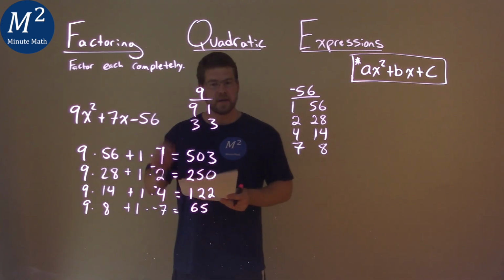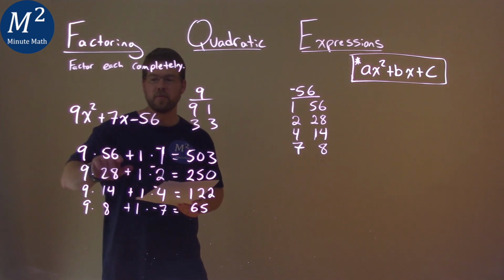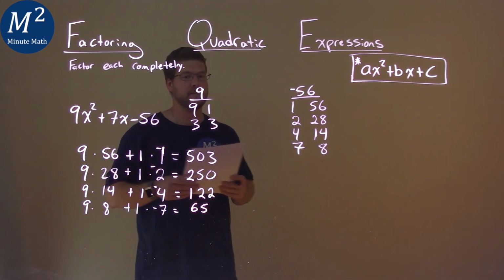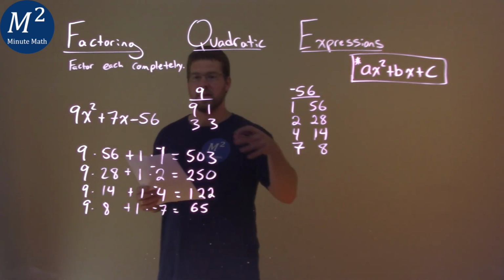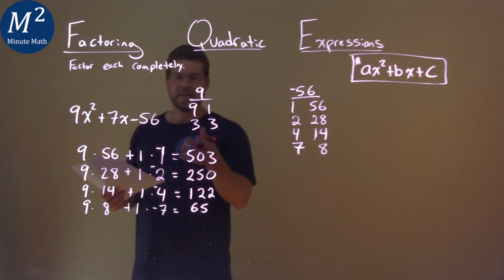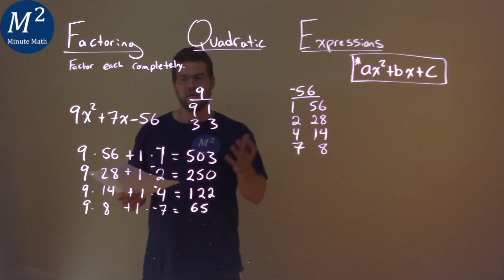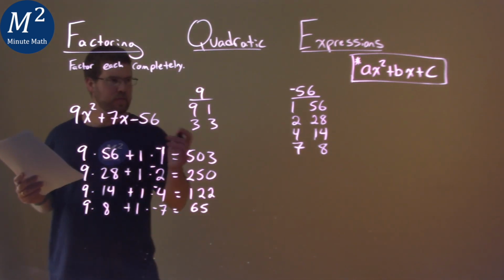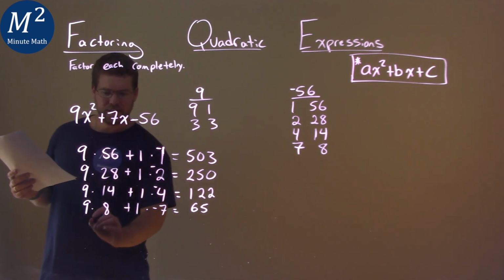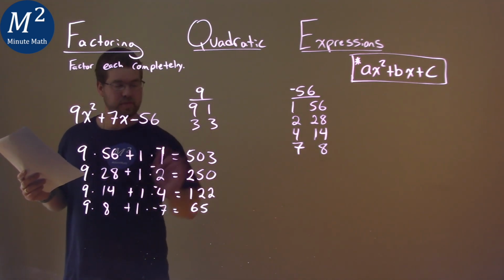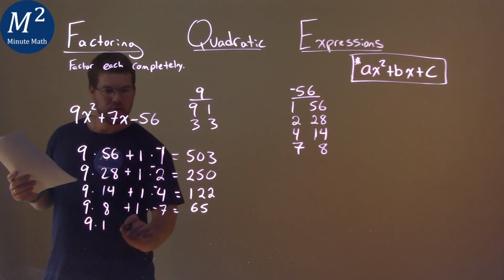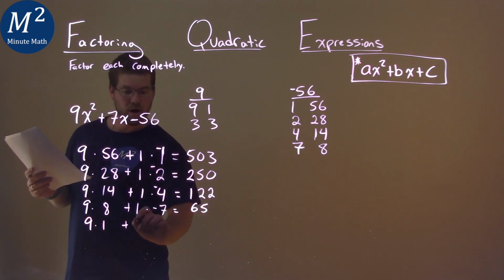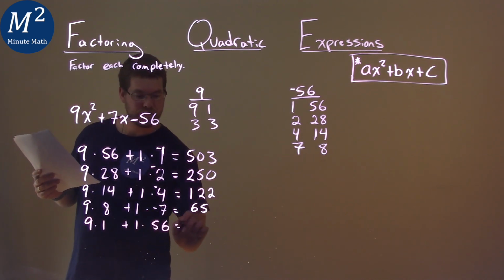Now, of course, what I could also do is flip it around and do the 9 times the 1, and then 1 times 56, and then do the same process and see which one of them being negative will work. I can show you the setup here. So 9 times the 1 plus 1 times the 56, okay?